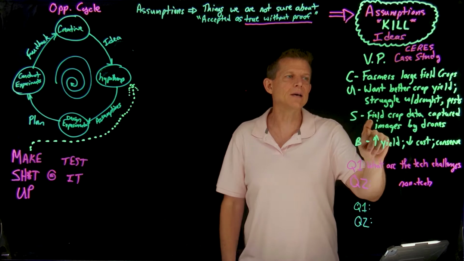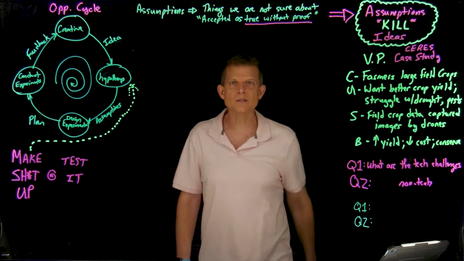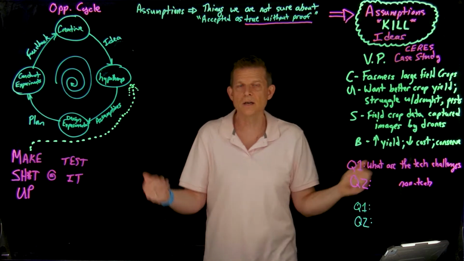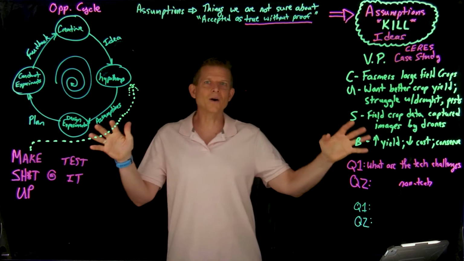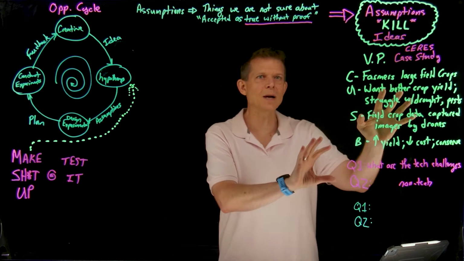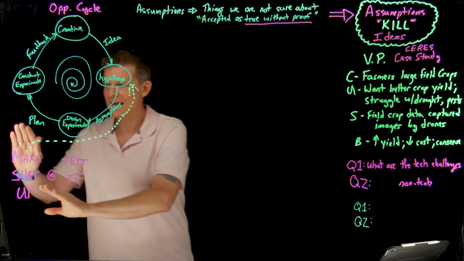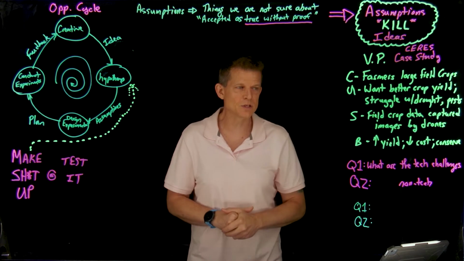So we're going to provide them field crop data, captured images by drones. The benefit to the farmer is increased yield, lower cost, and conservation of water and pesticides and things like that. All right, here's the value proposition. That is our hypothesis. That is making it up. That's where we are, early stage entrepreneurship.